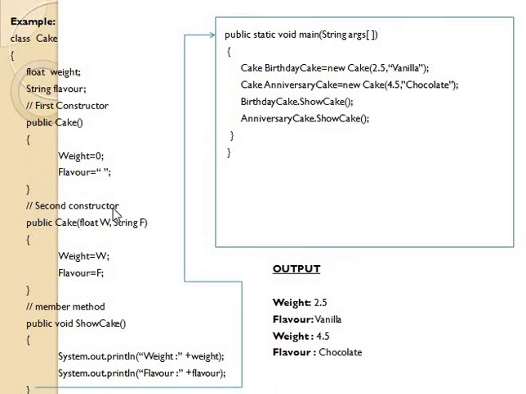While the second constructor initializes the data member weight with the value of the first argument, that is w, and it initializes the second data member, that is flavor, with the value of the second argument, which is f.